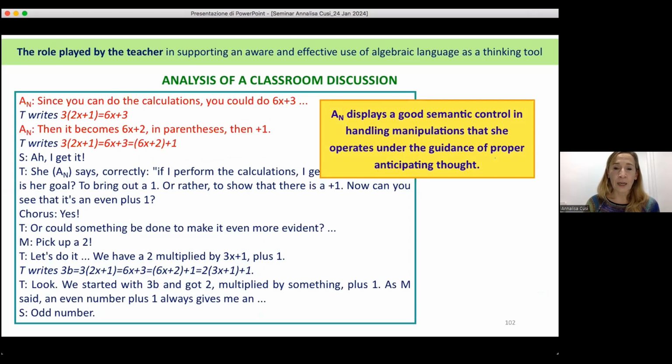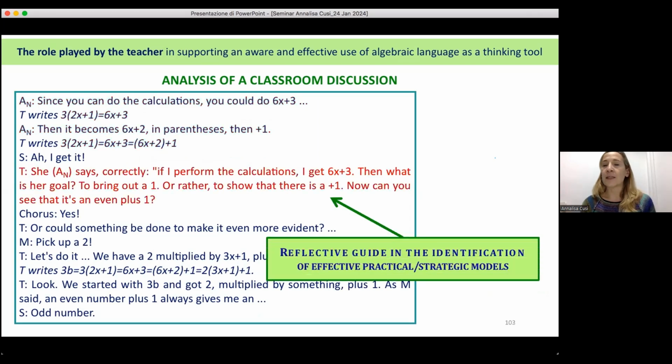Here we can see when N displays this good semantic controlling of the manipulations and that she has in mind a clear anticipating thought that guides these manipulations, the teacher plays a new role, the last role that I'm going to present today, that is the role of reflective guide in the identification of effective practical strategic models.